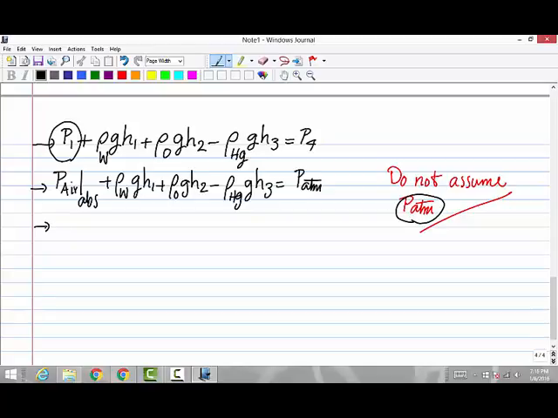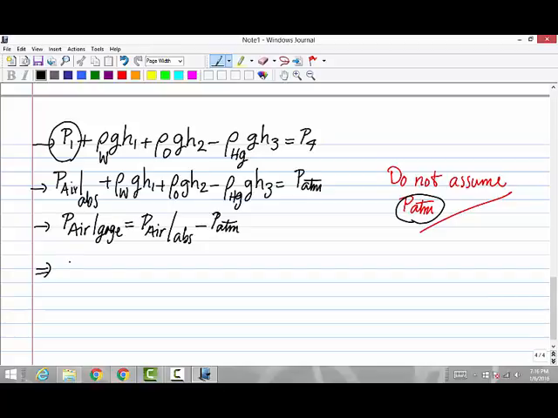What I know based on the lecture notes is that P air gauge equals P air absolute minus the atmospheric pressure.